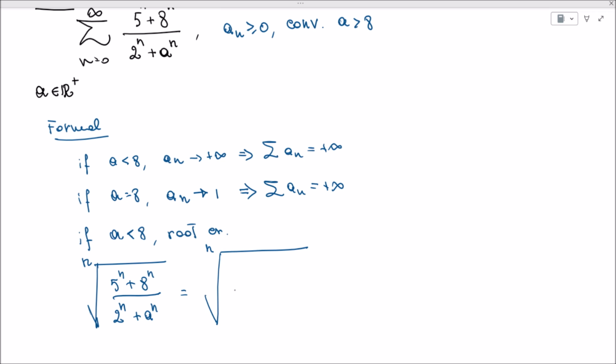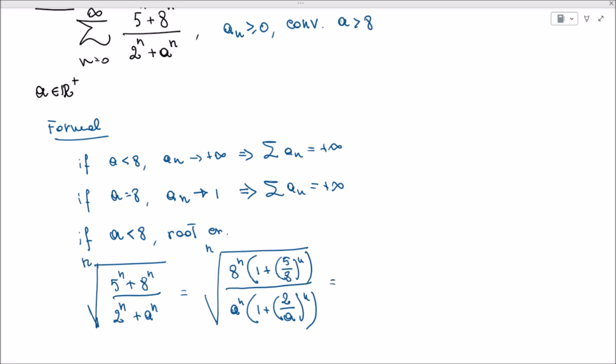This is the nth root of, well, we will factor out a to the n at the denominator, and we have 1 plus 2 divided by a all raised to the n, and we can factor out 8 to the n at the numerator, and we have 1 plus 5 divided by 8 to the n at the numerator.